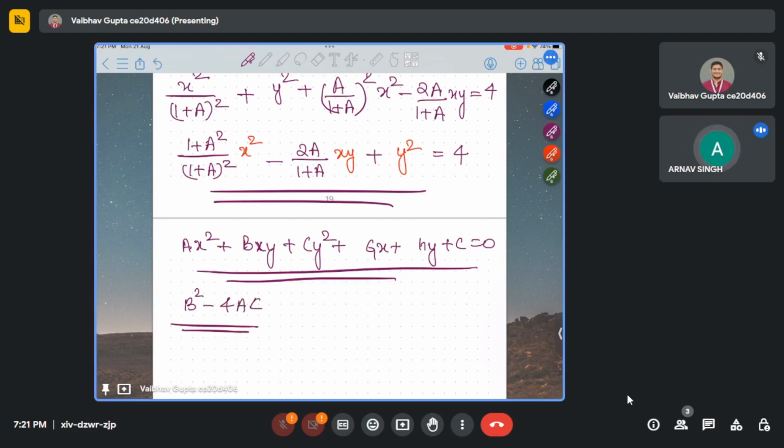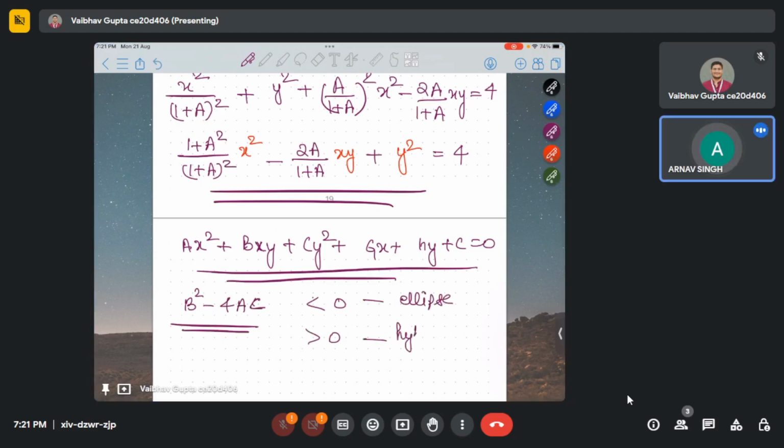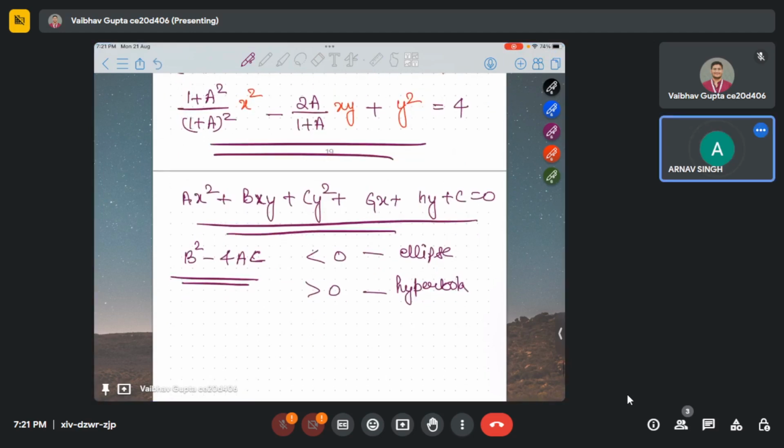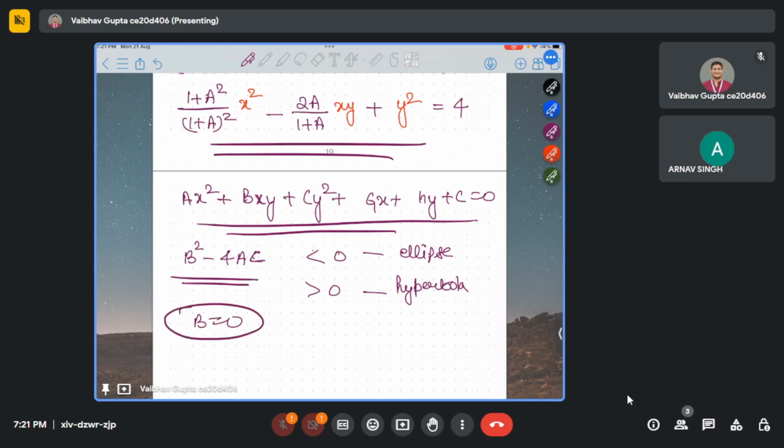If it's less than 0, it is an ellipse. If it's greater than 0, it is a hyperbola. And if b is equal to 0 and a is equal to c, it is a circle.